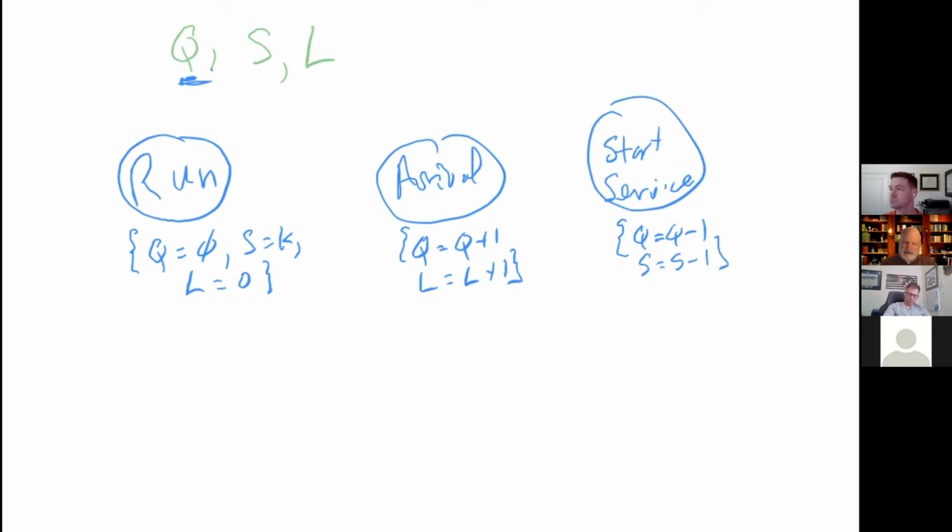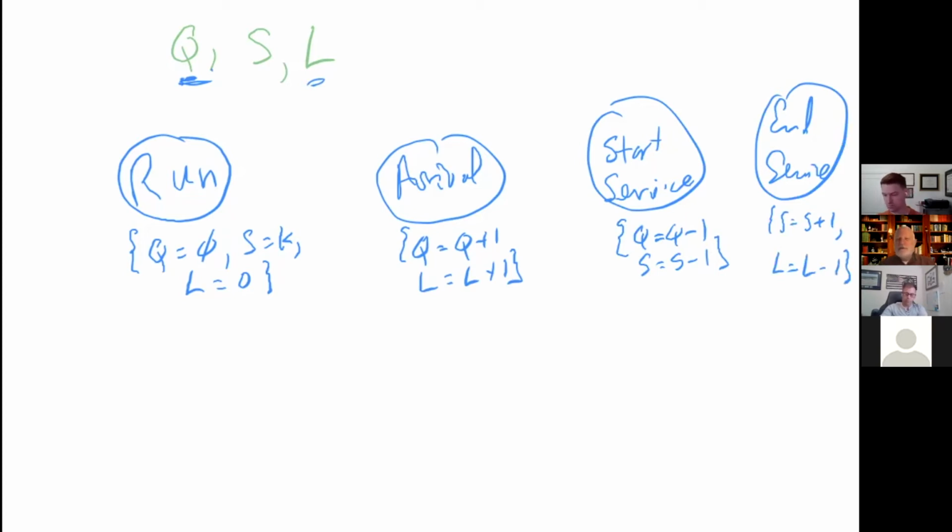And then finally, we had an end service event where we put a server back in. And then now, again, because we also have this L, that's when we have 1 less in the system. Okay, so this is not pretty, as you can see. This is why when you do this, you should do it in pencil and have a very large eraser.